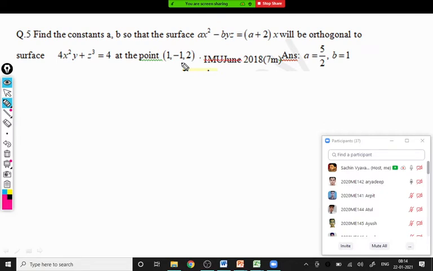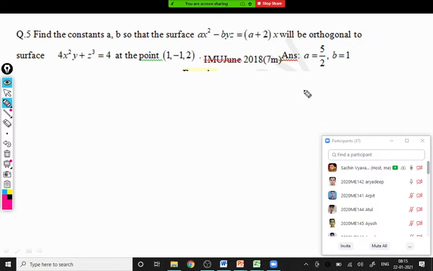So again, first we'll take out the del phi, and after that, since it's orthogonal, the surfaces at the point. See here, the important things you should focus on. We are given the two surface equations. Say surface 1.